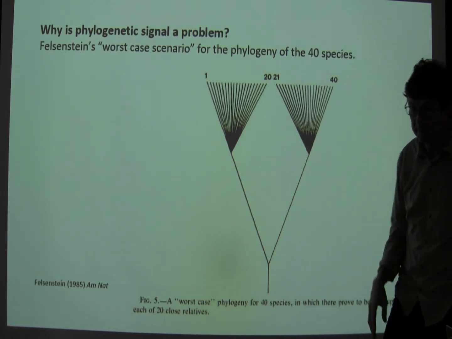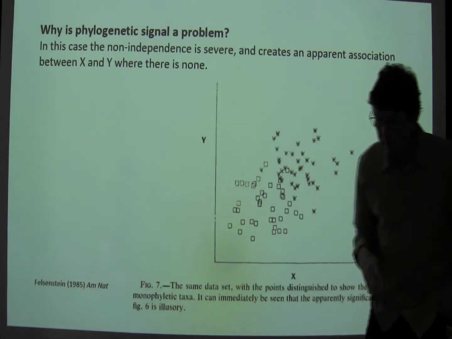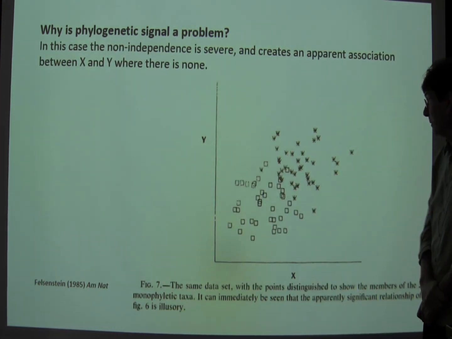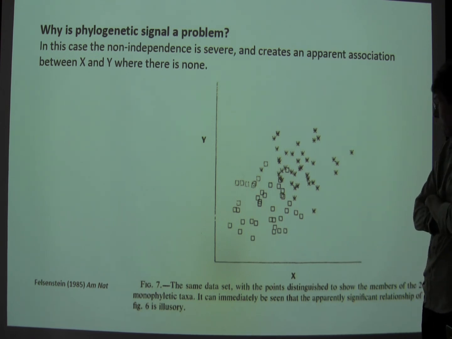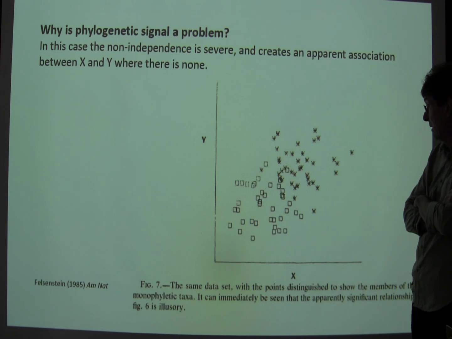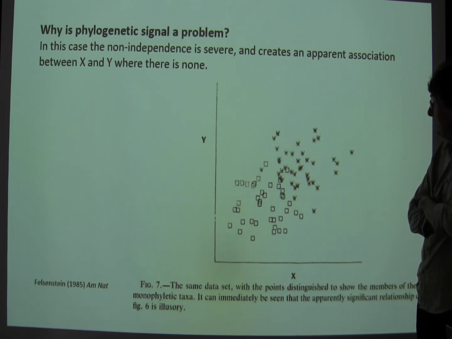So two groups, each of 20 species. And now back to the scatter plot, we've now identified those two groups by symbols. And we can see that there is a correlation between X and Y.